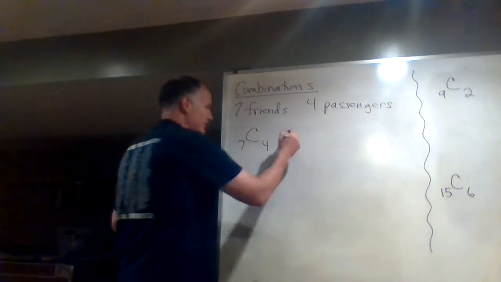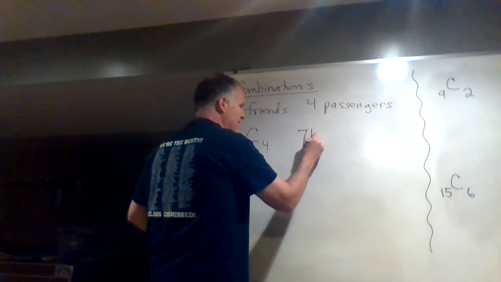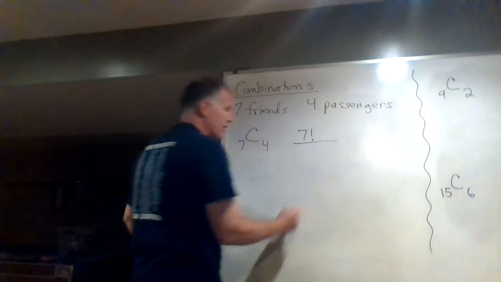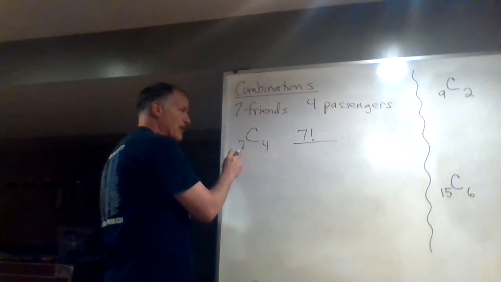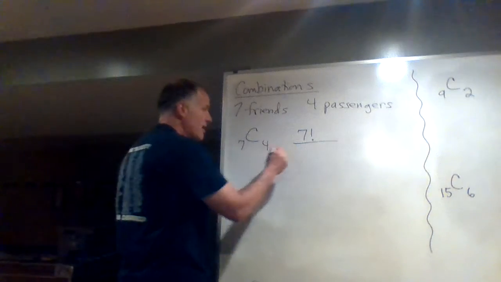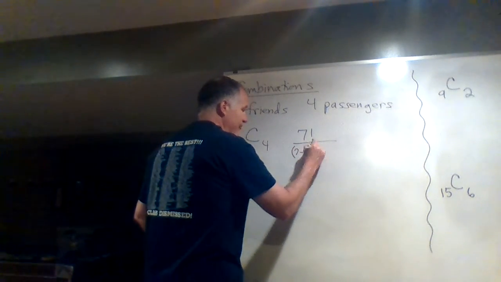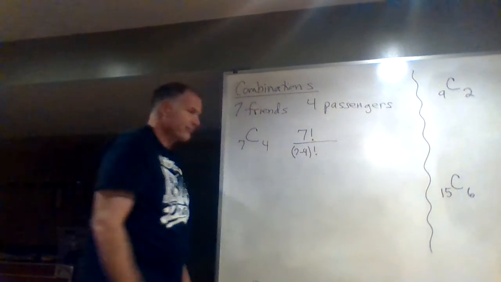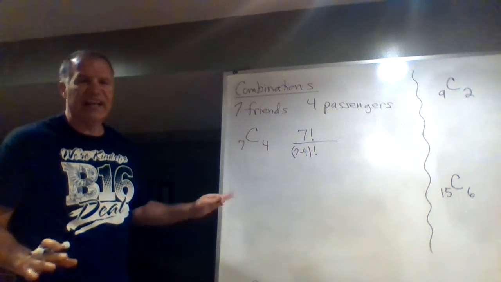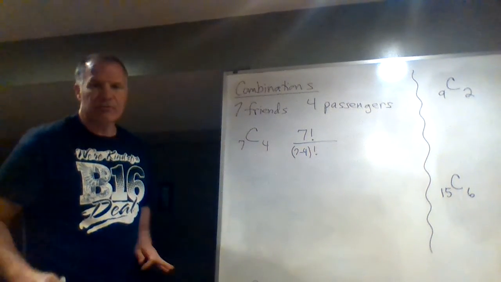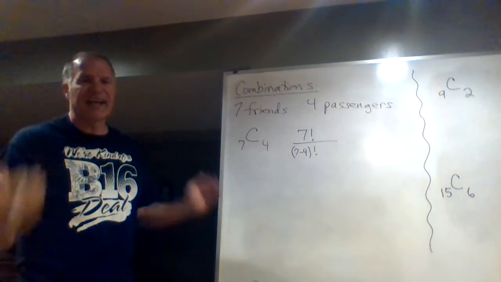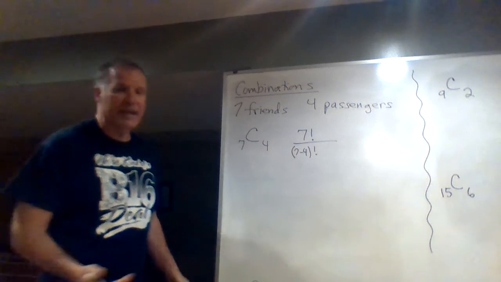Okay, so here's the difference. The top is the same, 7 factorial. The top is still the number of things you have. And then the bottom starts the same, 7 minus 4 factorial. But here's the difference, guys. There's less, because the order doesn't really matter, there's less answers, there's less combinations.